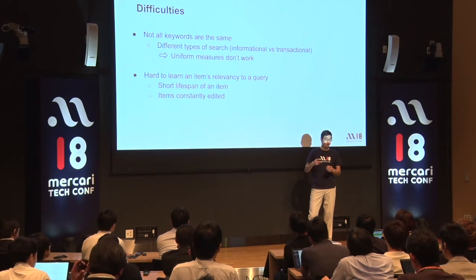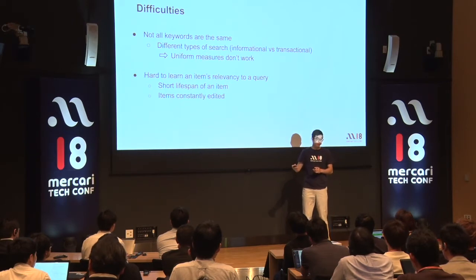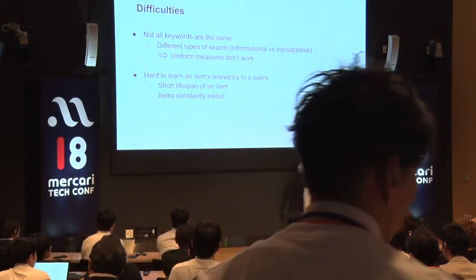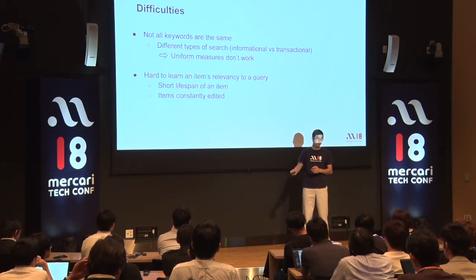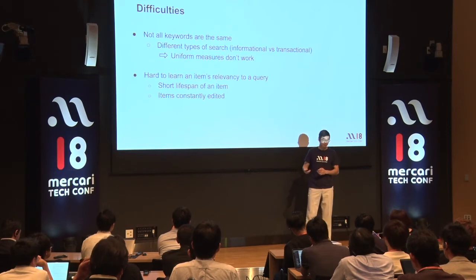This means that all of the items have a short lifespan and are constantly changing. Because of this, it is hard for us to learn an item's relevancy to a keyword, because we cannot use the collective knowledge. Before we gain enough collective knowledge, the item is going to either be unavailable or edited.